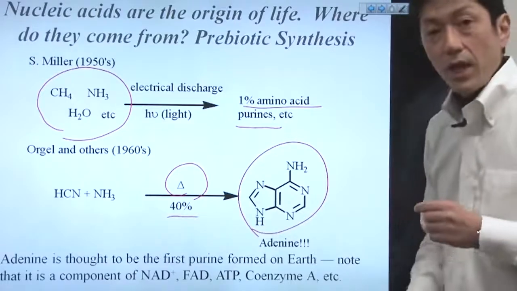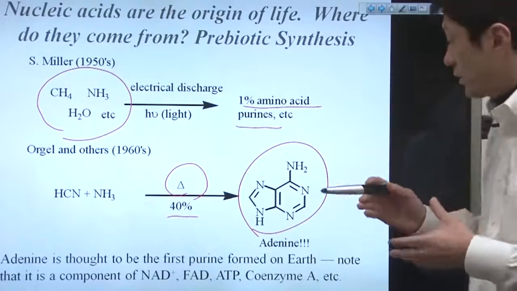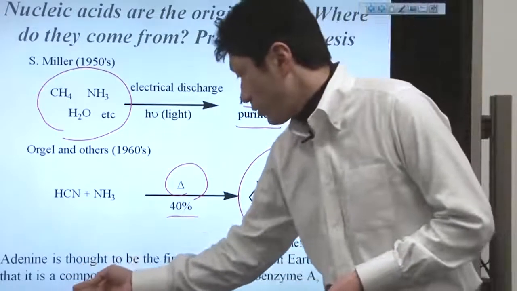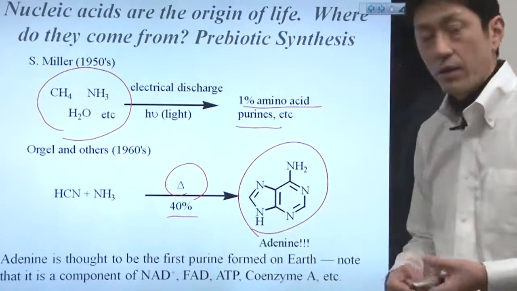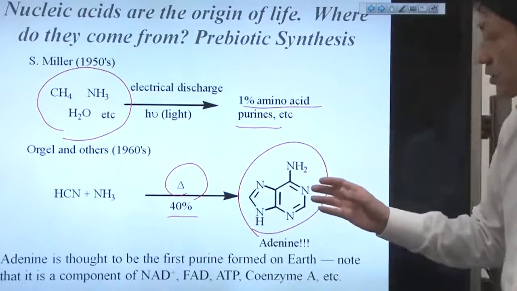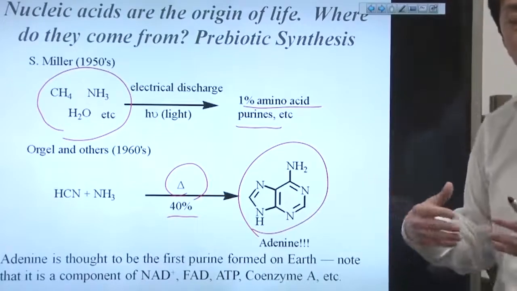Today, adenine is considered to be the first DNA base formed on the Earth. That's why adenine is a component of NAD+, FAD, ATP, coenzyme A, and other compounds that we have in our body. You can see the adenine structure very often in the structures of the compounds that we have in our body.